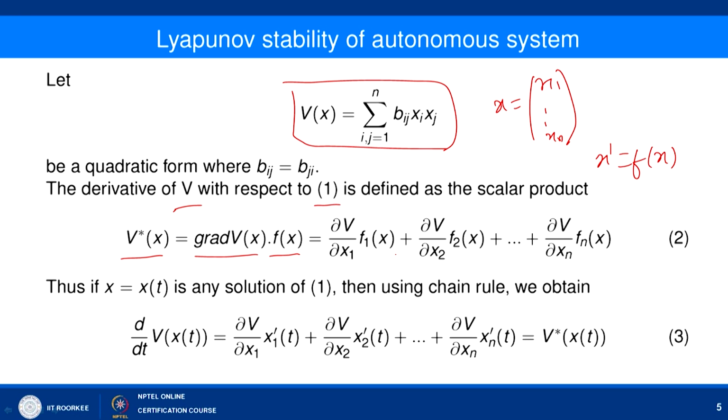When you take the dot product, it is ∂V/∂x1 into f1(x) plus ∂V/∂x2 f2(x) plus so on, ∂V/∂xn fn(x).